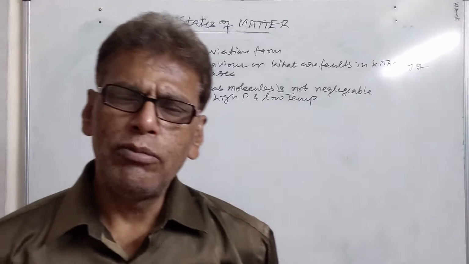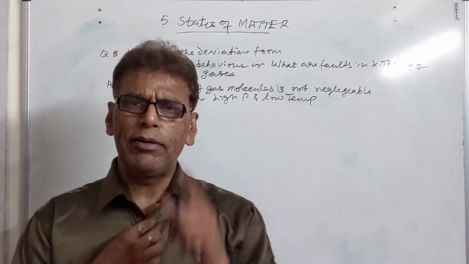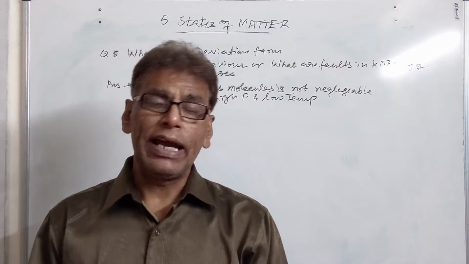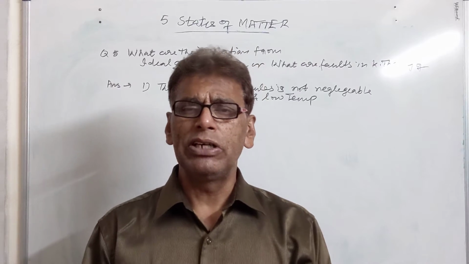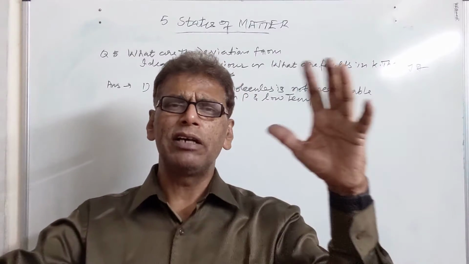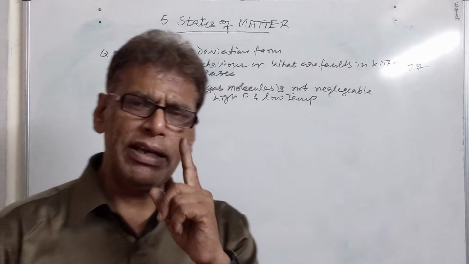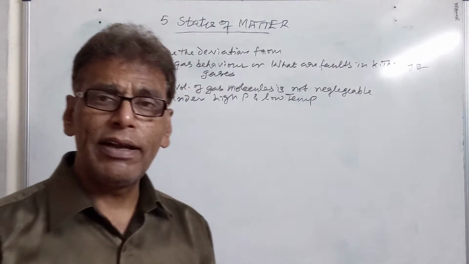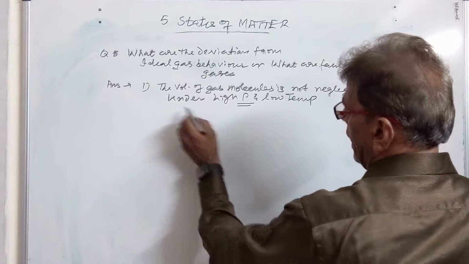When molecules come closer, the volume occupied by the gas molecules plays a very important role, and this volume has to be subtracted from the total volume of the gas. In the derivation of the kinetic gas equation, we took the volume of the gas molecule as negligible, so whatever space is available in the vessel was treated as merely empty space. We cannot ignore the volume of the gas molecules, and we have to apply a correction in the ideal gas equation regarding the volume of the gas molecules. It has to be considered.